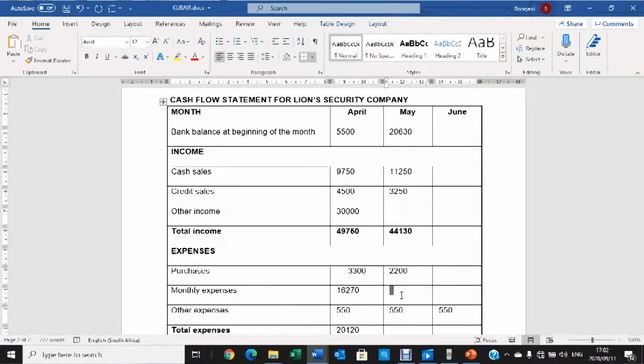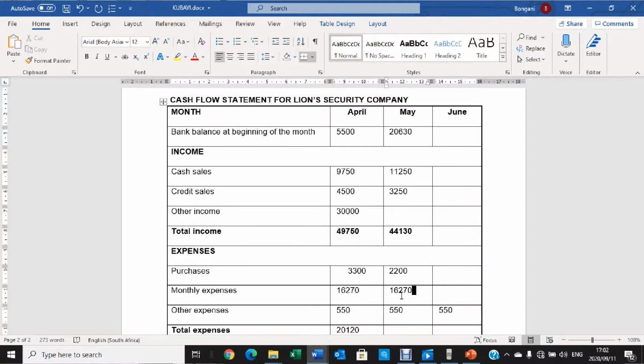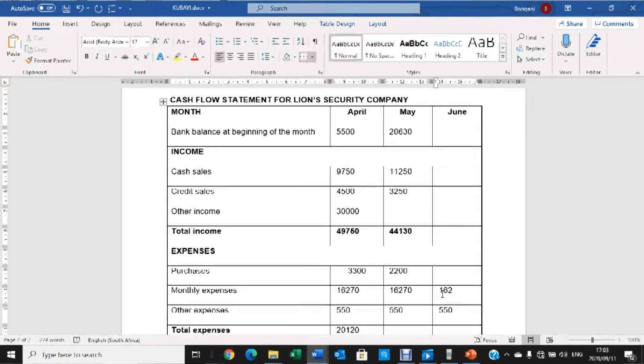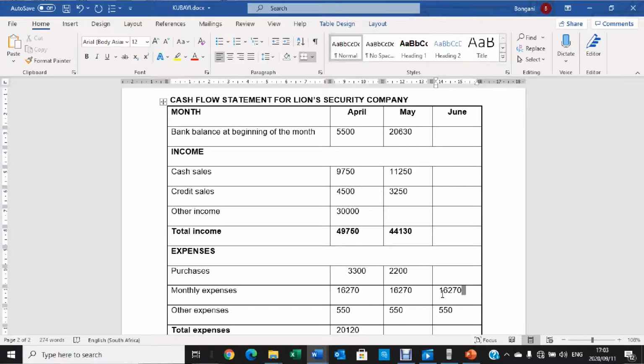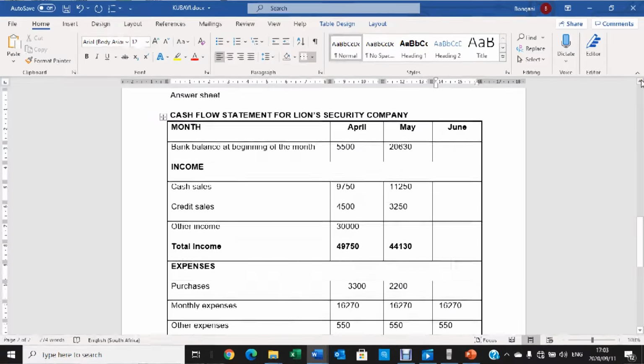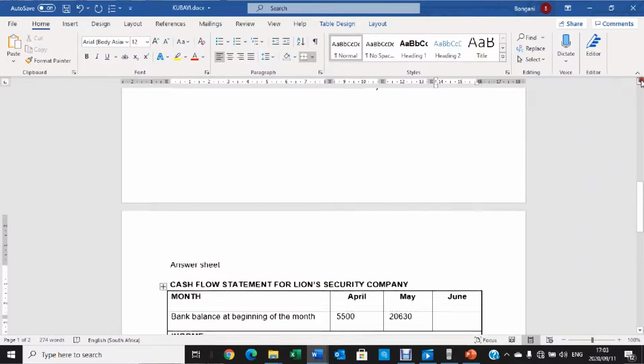We can just record that one, 16,270 as monthly expenses for May, and again 16,270 monthly expenses for June. And then we go back again and see if there is any payment that the business is going to make in the month of May.